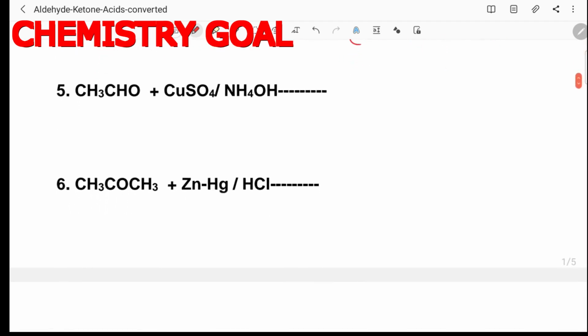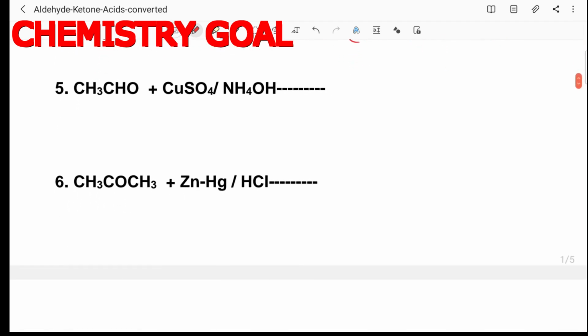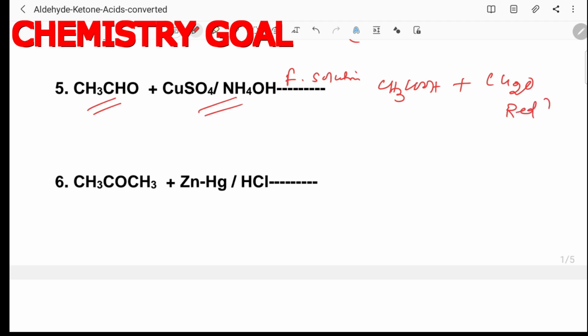Reaction 5, same type. It is acetaldehyde with copper sulfate and ammonium hydroxide. It is called Fehling solution. And Fehling solution, here what happens? Fehling solution is an oxidizing agent. It oxidizes aldehyde to acids. As it is acetaldehyde, it becomes acetic acid, and the Fehling solution gets reduced to cuprous oxide, a red color cuprous oxide.